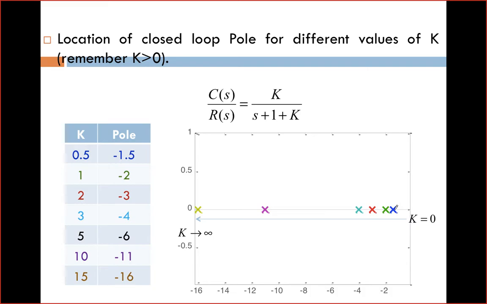By seeing this location of the pole, I can say that the path of the roots is something like this on the negative axis, and it will go up to infinity, because if k is equal to infinity, then s is equal to minus infinity. So this particular trace is called the locus, that we are going to find.